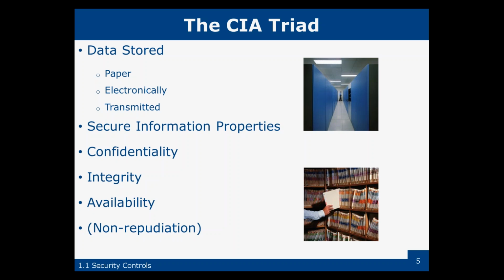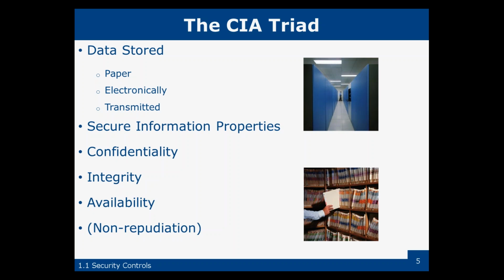We want to secure it, and the secure information properties are confidentiality, integrity, and availability, and down there in parentheses, non-repudiation. Non-repudiation kind of becomes a side effect of these things. Confidentiality obviously is that only the user that the data is intended for can see the data, use the data, interpret the data.